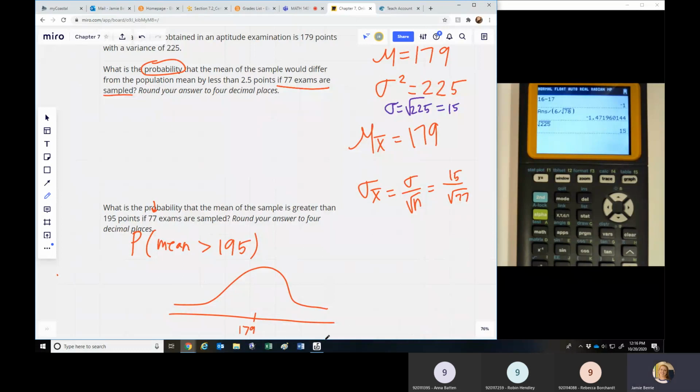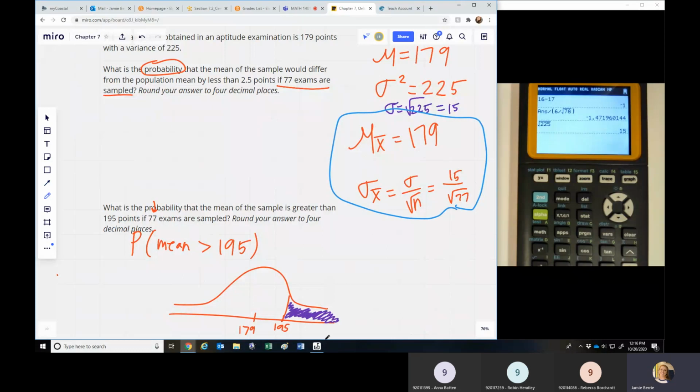All right, and then we're marking our number that we're interested in, which is 195. And we're looking for the probability that the mean is greater than that. So we're going to shade to the right. Now this should feel familiar. This is what we did in chapter 6. The only difference is that we had this little bit of extra work we had to do right here.